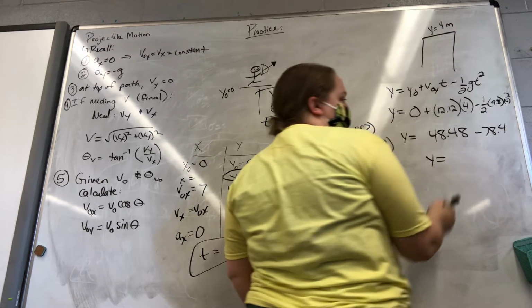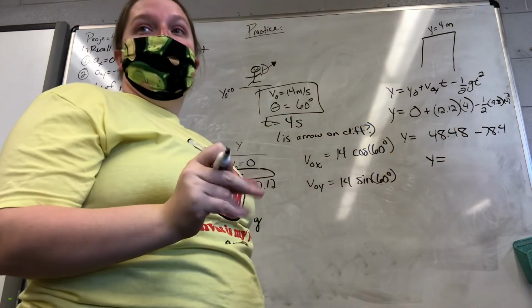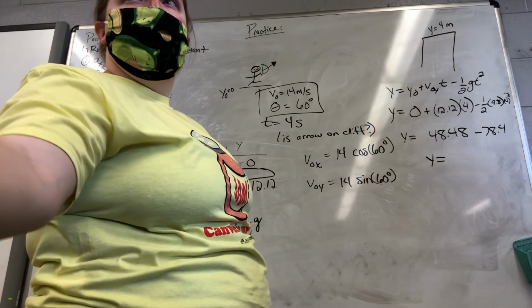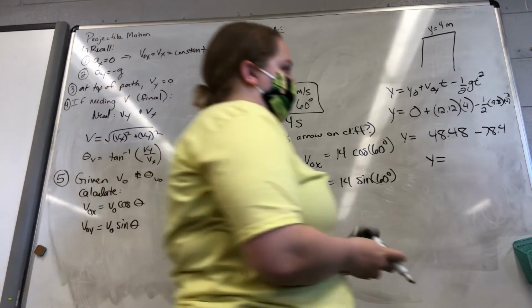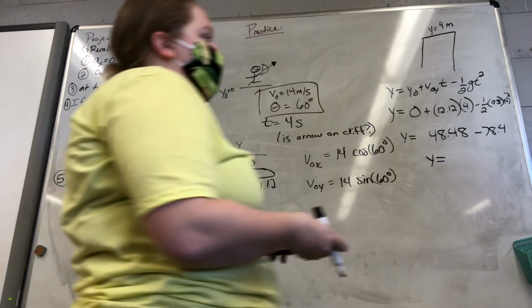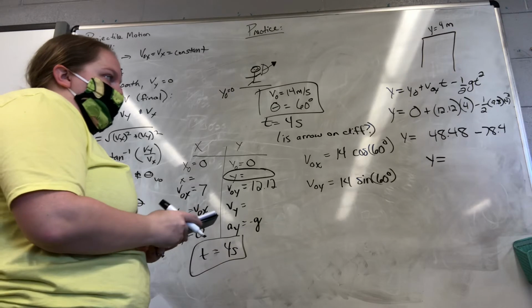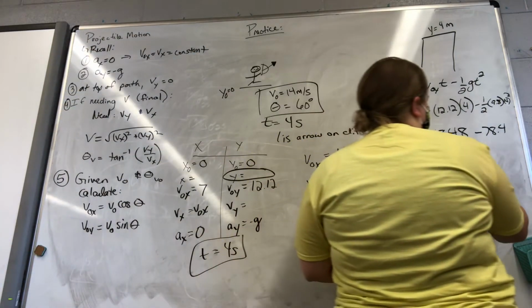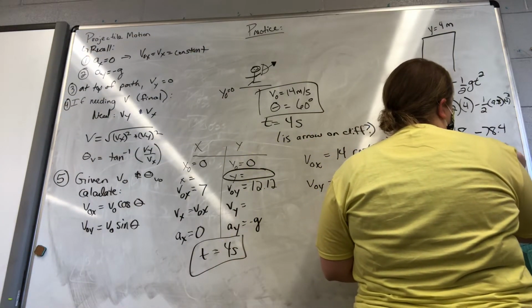What did you get for y? 29.93. Agree. That should be a negative number, shouldn't it? Negative 29.92.